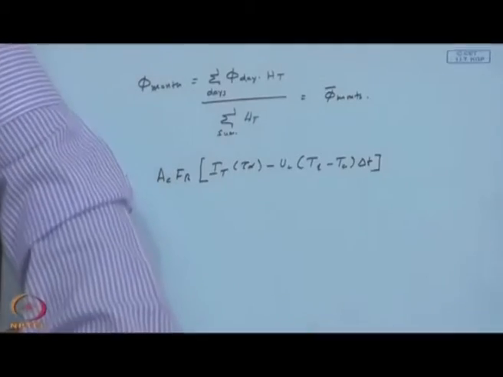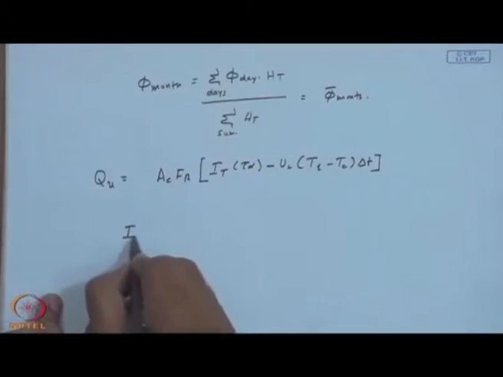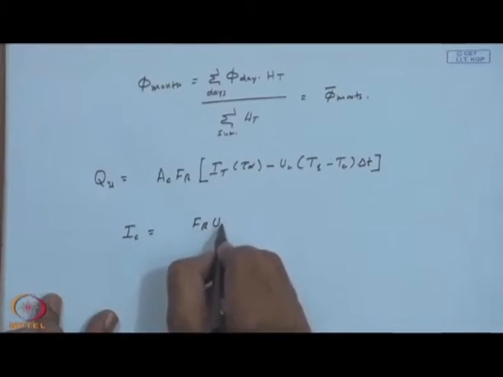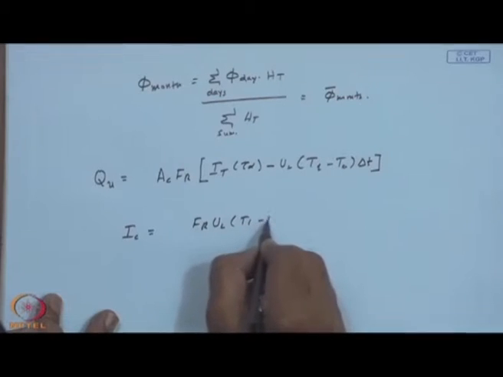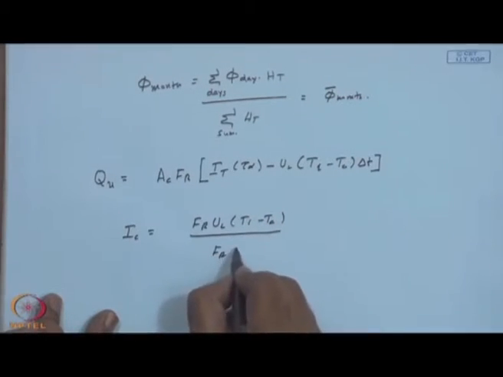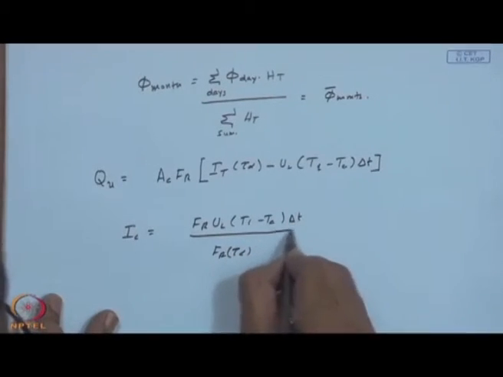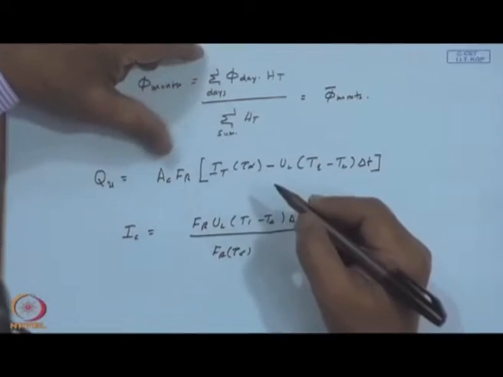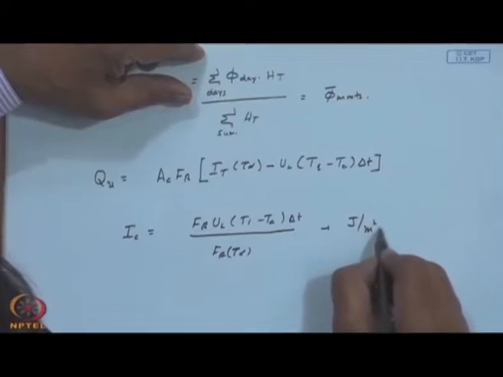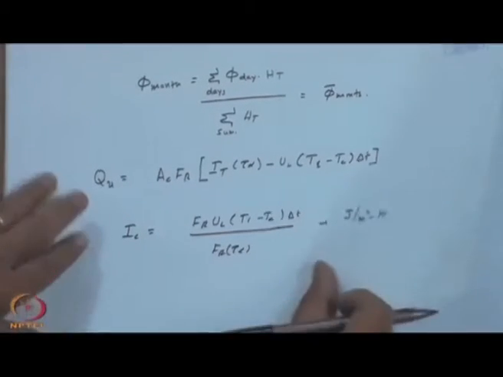So, if you set Qu equal to 0, the critical level can be obtained by Fr UL (Ti minus Ta) divided by Fr tau alpha, times delta t. So, if it is for a period of 1 hour, I will get it as joules per meter squared hour.